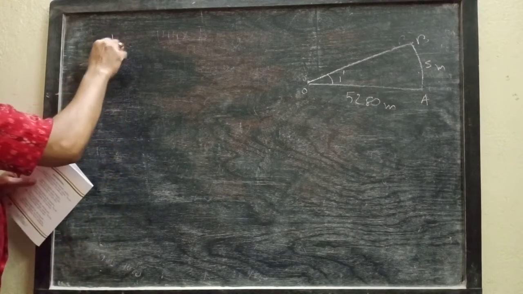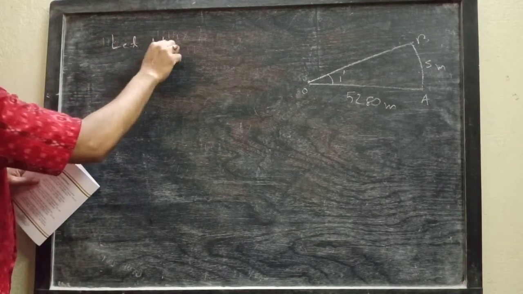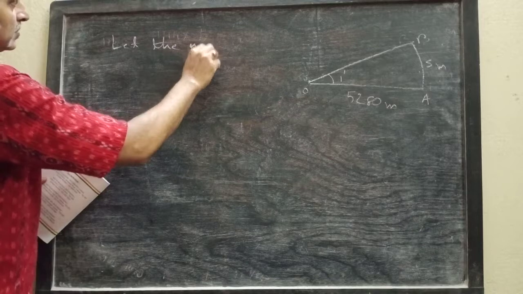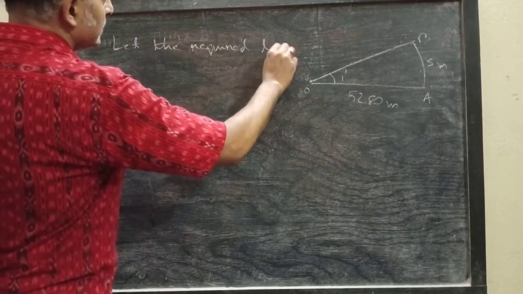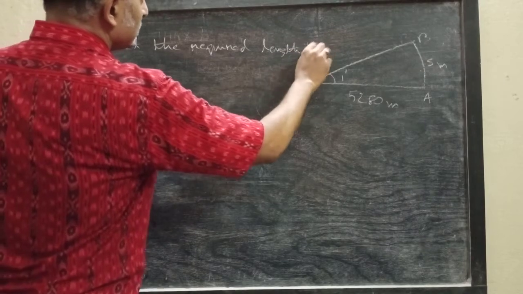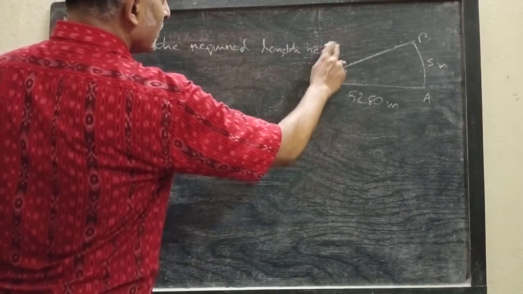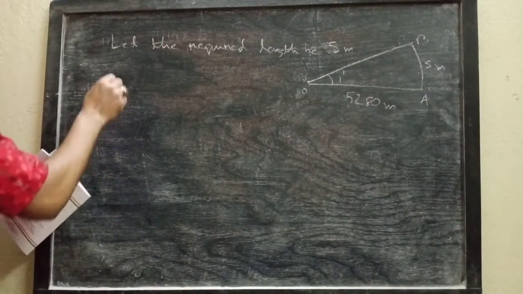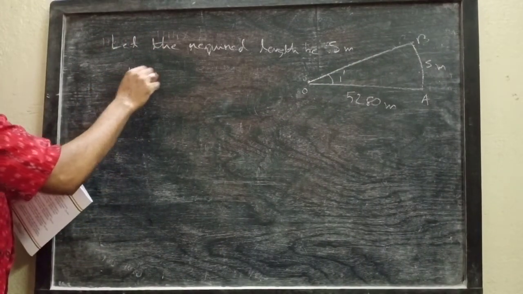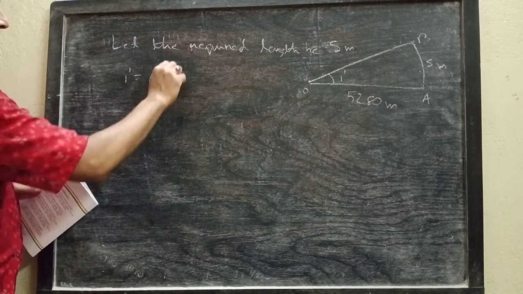So let the required length be S meter. Now 1 minute is equal to 1 by 60 degree.